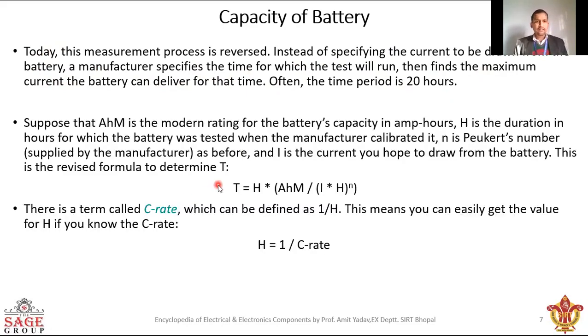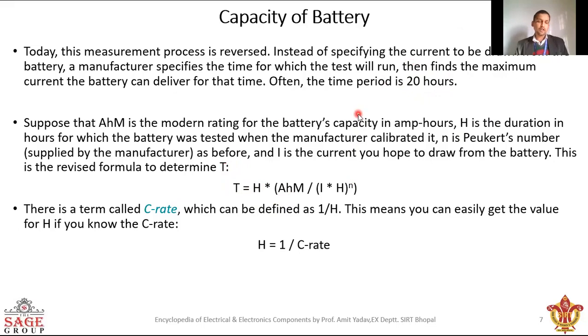So for the modern method of calculating the battery output capacity, we use this formula, where this H is provided by the battery manufacturer. Here this H is basically 20 hours, that means the time period for which you are going to conduct this experiment.